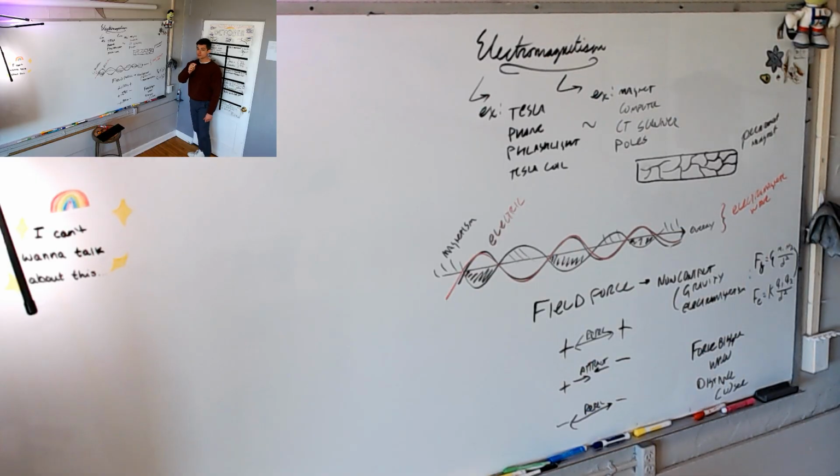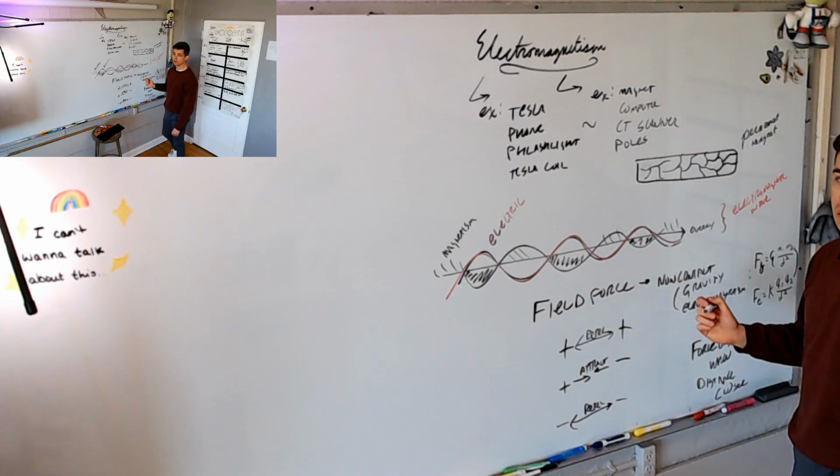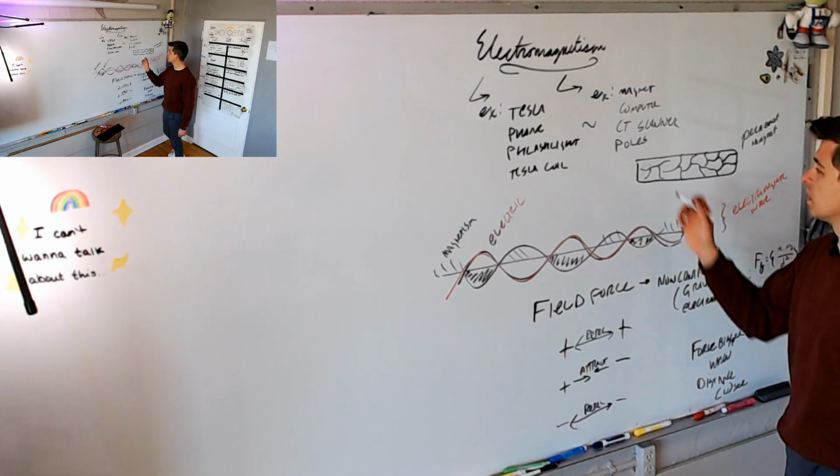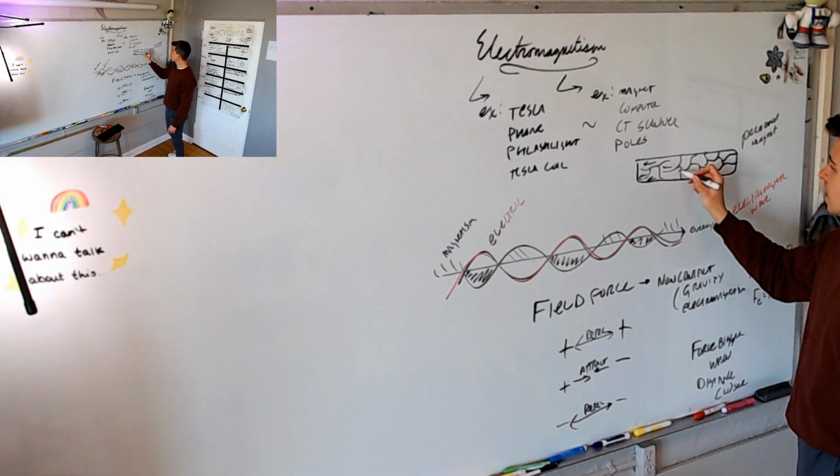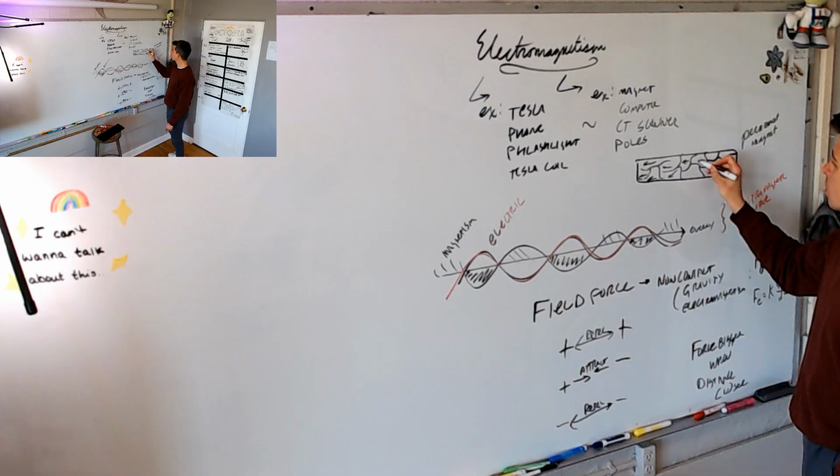Not every which direction, not in a permanent magnet. Well, maybe not perfectly, but aligned is what I'm looking for. There might be some that are slightly off, but they're all more or less aligned.